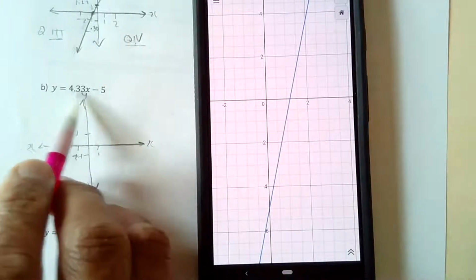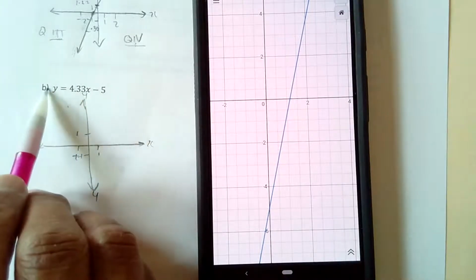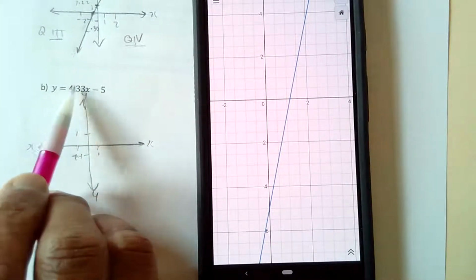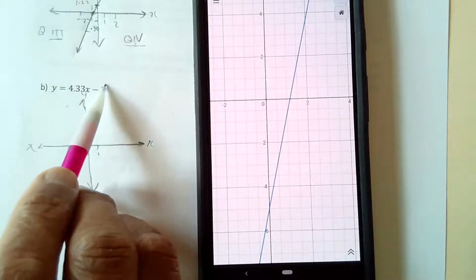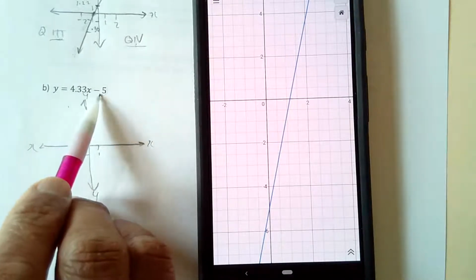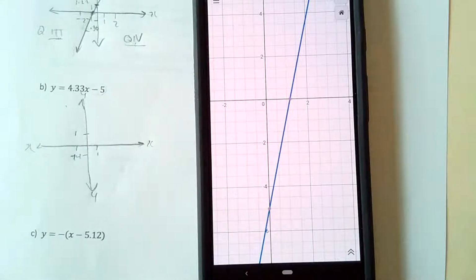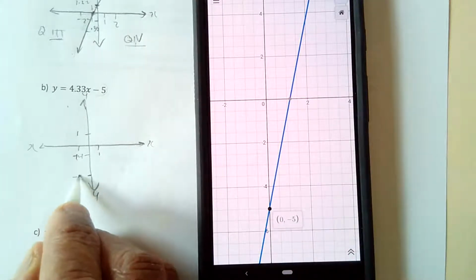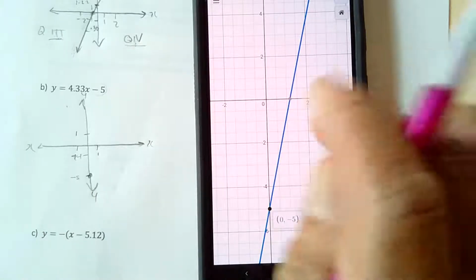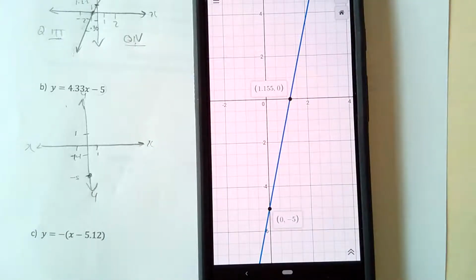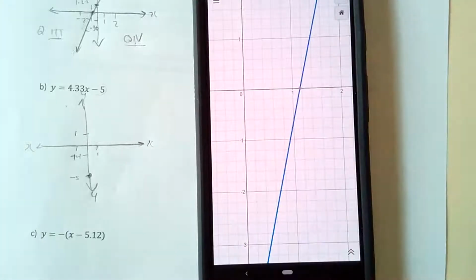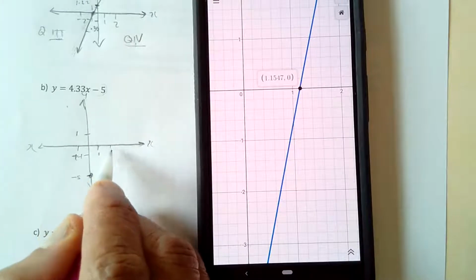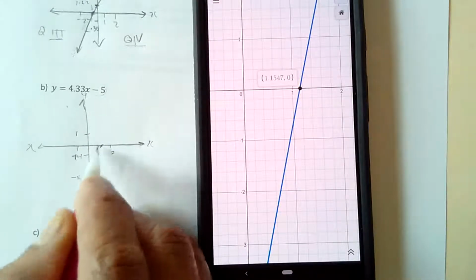And remember, we talked about the general equation of a straight line is y equals mx plus b. So this is your b, so it's negative 5, which is the y-intercept. Check it again. So this goes down to negative 5. So this gives you 1 point, slightly greater than 1.15, so it's slightly above here. So these are my intercepts.